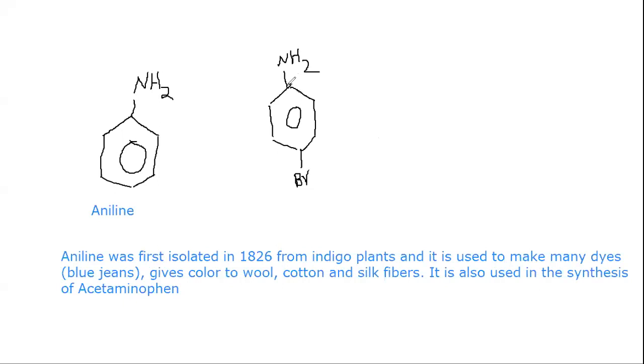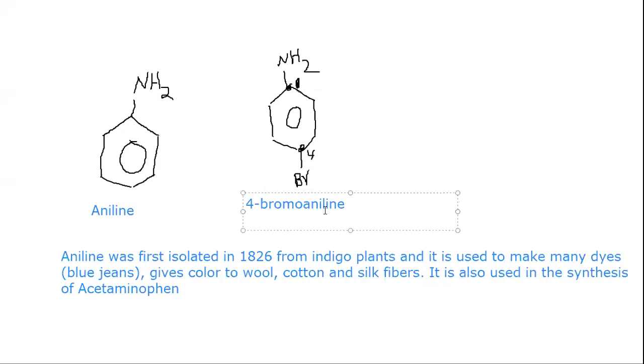So automatically one has to go to this carbon. If this carbon is 1, this carbon is 4. So what is the name of this compound? Yes, 4-bromo aniline.